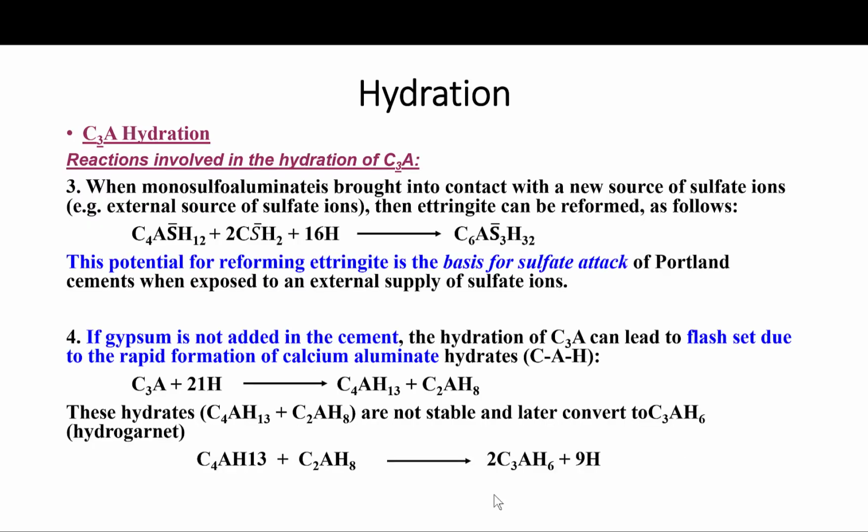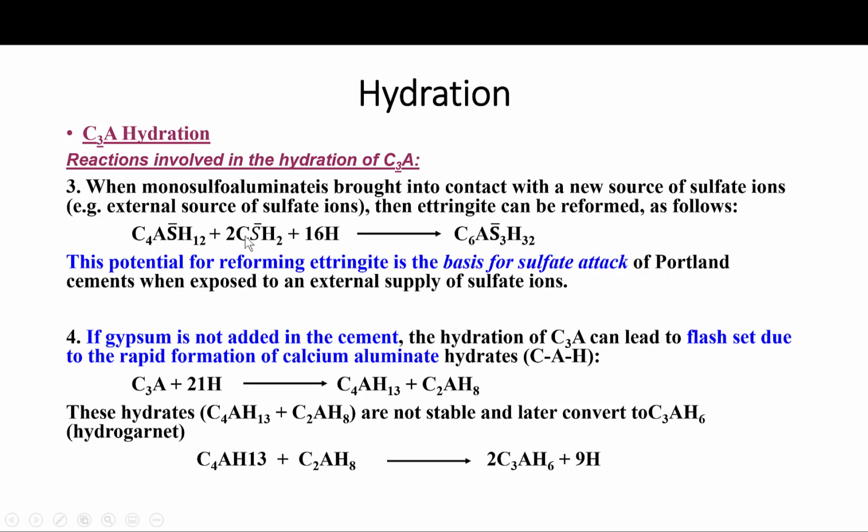So when the monosulfoaluminate is brought into contact with a new source of sulfate ions, for example, an external sulfate source, then ettringite can reform as follows in this equation. Again, I showed this equation during the talk about the cement composition.